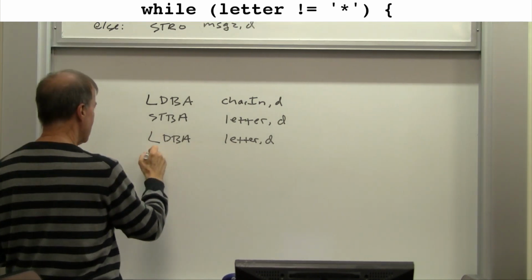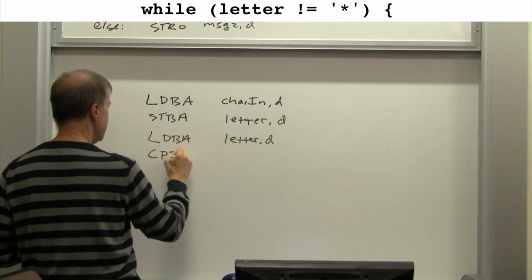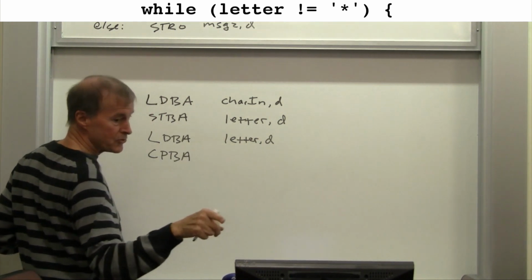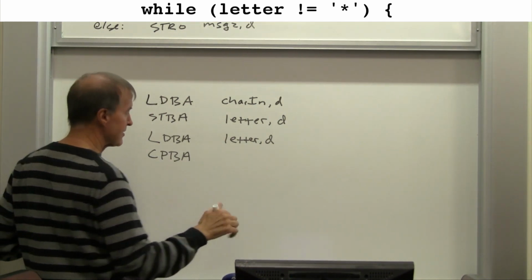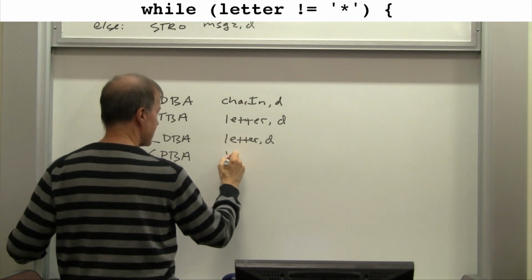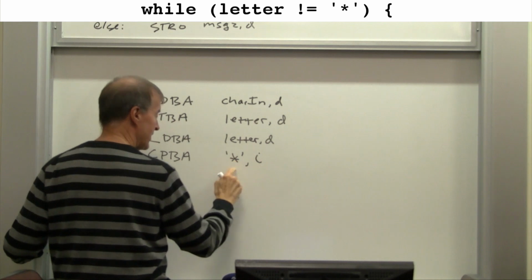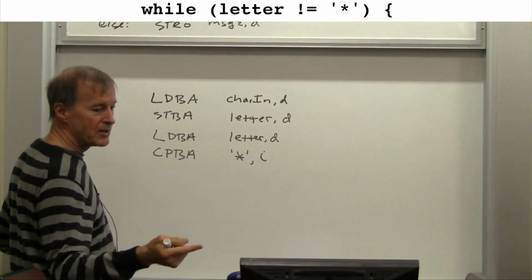Okay, so load byte accumulator, letter D, and then what? Compare byte accumulator, CPBA. Compare byte accumulator what? What are we comparing it to? The asterisk constant. So quote, asterisk, quote, addressing? Immediate. Now, when do we want to do this?